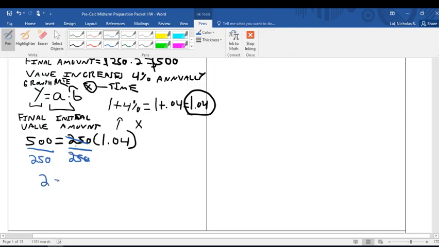So 2 is equal to 1.04 to the x power. Now that we have isolated our exponential term, the base of this exponential function is 1.04.